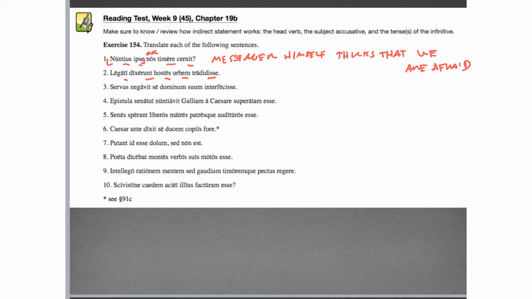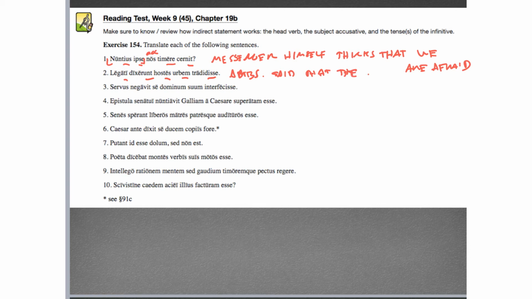All right, so let's just translate. The ambassadors said, all right, and note that you've got a past main verb and a perfect infinitive, so that's going to send us back one on the timeline. The ambassadors said that the enemies had handed over the city.